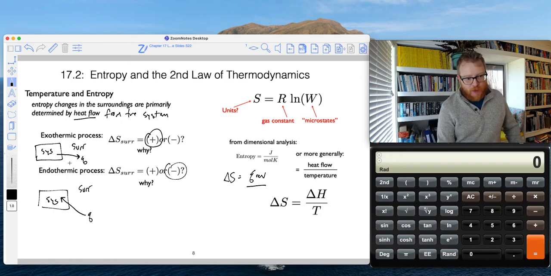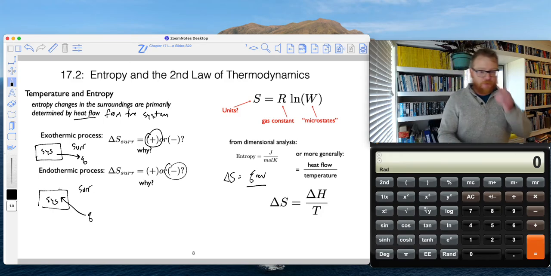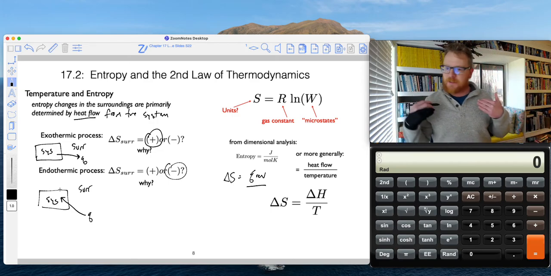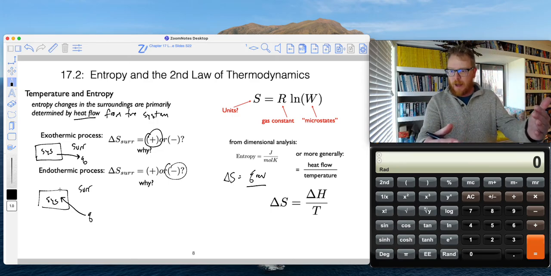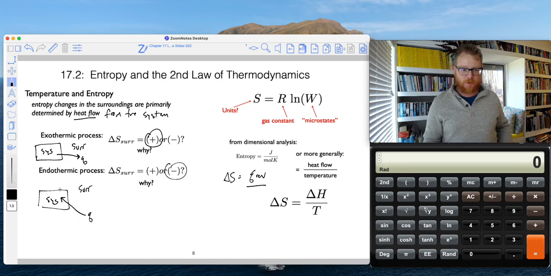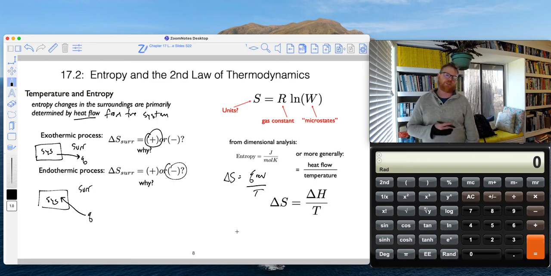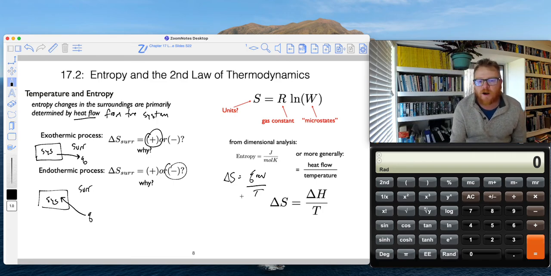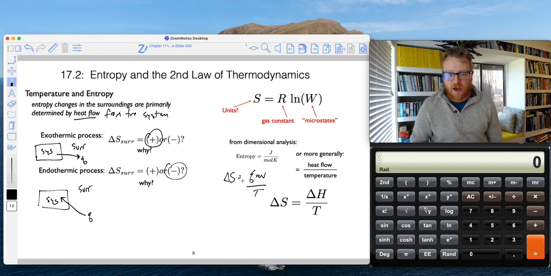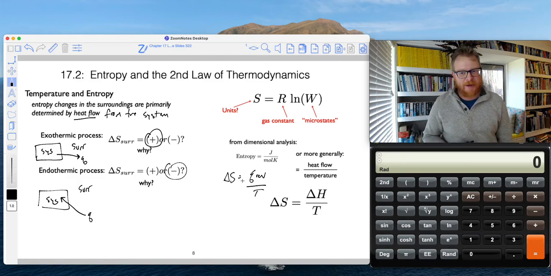By reversible, I mean that we play this game: what happens if heat goes out? Now what happens if heat goes in? And then to get that Kelvin unit, we recognize that's going to have to be divided by temperature. So this is a more correct version: Q reversible divided by temperature.